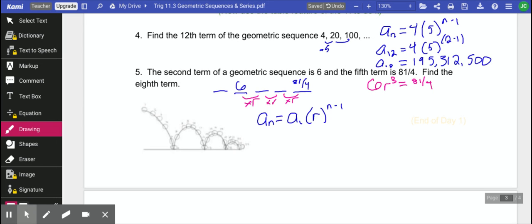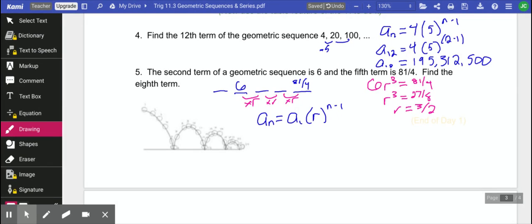Okay, so now I'm going to divide both sides by 6 or multiply by 1/6. And that gives me, I think, 27/8 when that's all said and done. And then I'm going to take the cube root of both sides, and that's going to give me 3/2. So that is my common ratio.